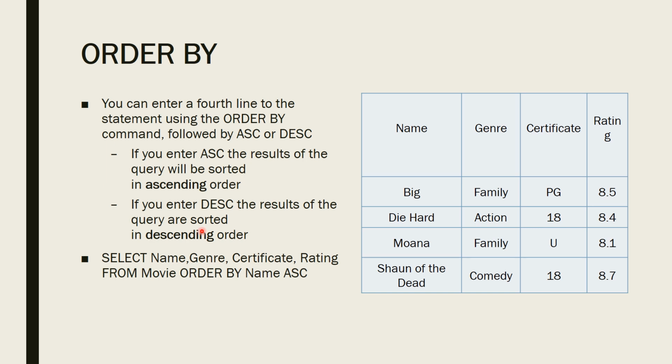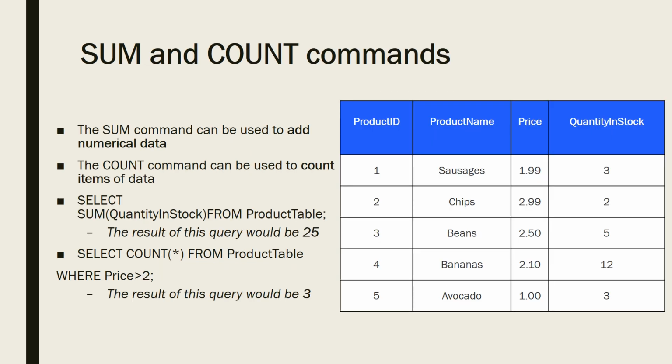If you enter DESC, the results are sorted in descending order. As you can see, SELECT name, gender, certificate, rating FROM movie ORDER BY name ascending. It's going to be ordered by name from smallest to largest, meaning A, B, C, D, E, F, and so on till Z.